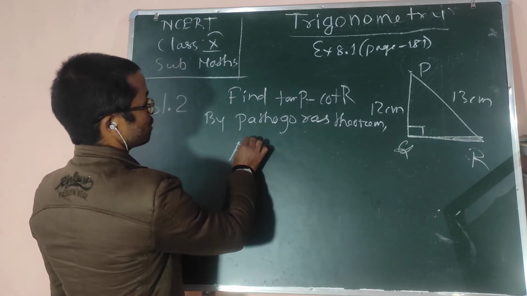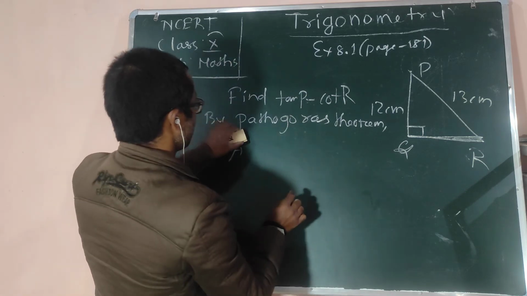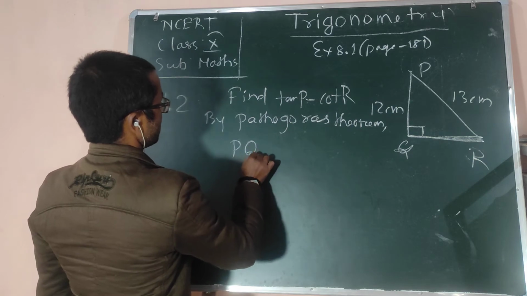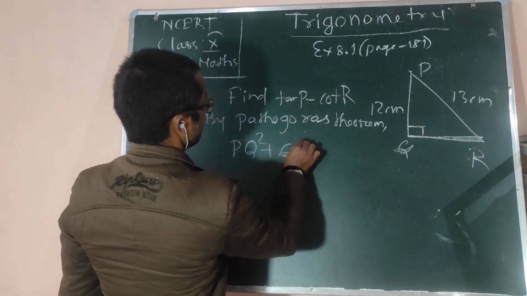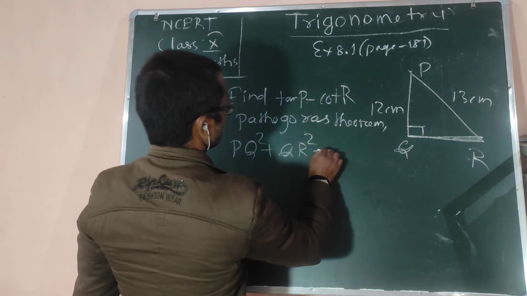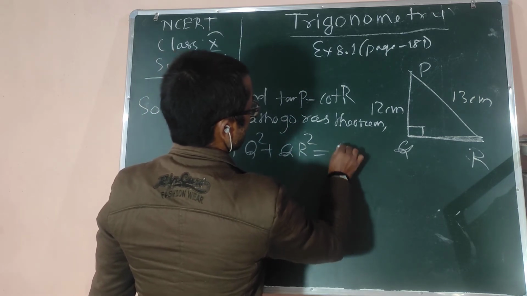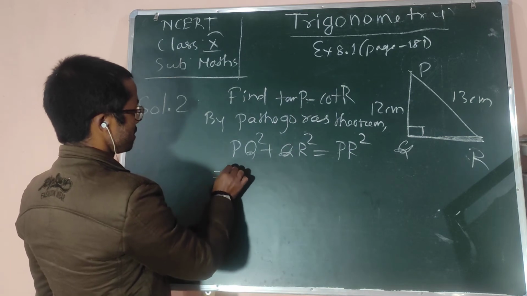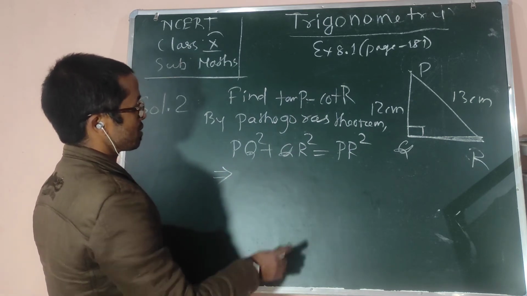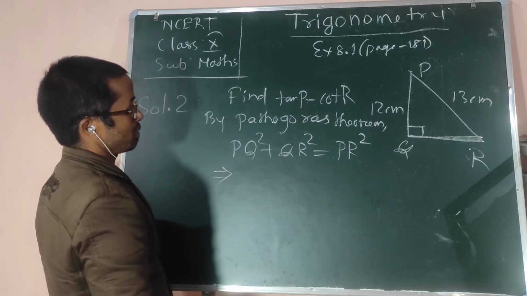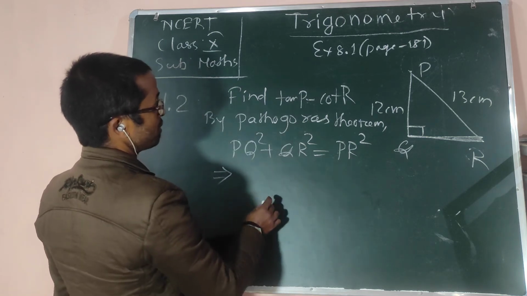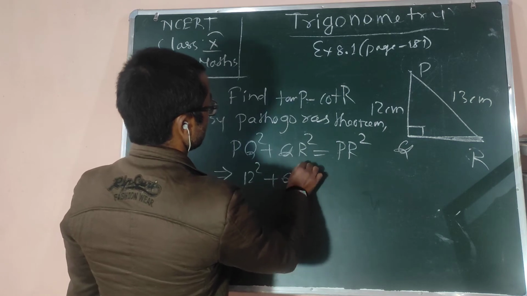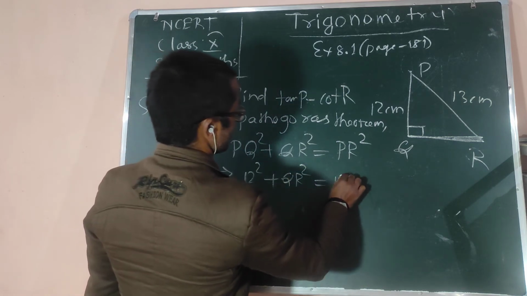The sum of the squares of the other two sides is equal to the square of the longest side, that is the hypotenuse. Now put the values. Directly you can put the values, or there are many ways to calculate it. What is PQ? 12 square. Now QR we need, so keep it. What is PR? 13 square.